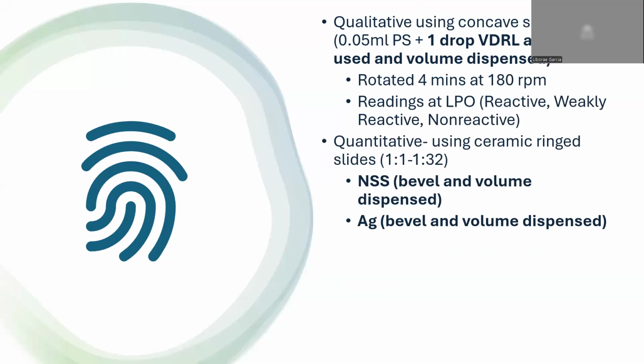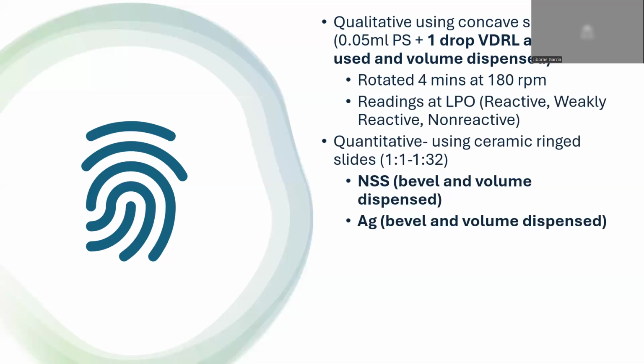Then you also have the antigen. The gauge of the needle used this time is 19, and it will dispense 1/75 ml. It is still 1 drop.